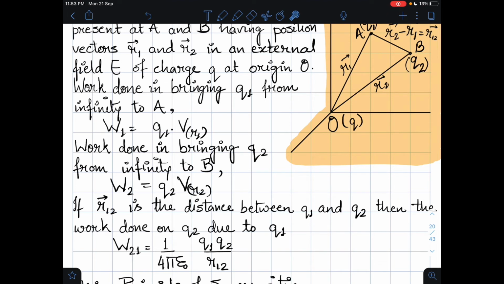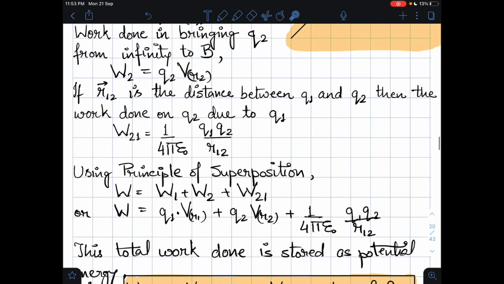If R12 is the distance between Q1 and Q2, then work on Q2 due to Q1, W3 equals 1 upon 4 pi epsilon naught Q1 Q2 upon R12. Correct. So using principle of superposition, I just add all these.